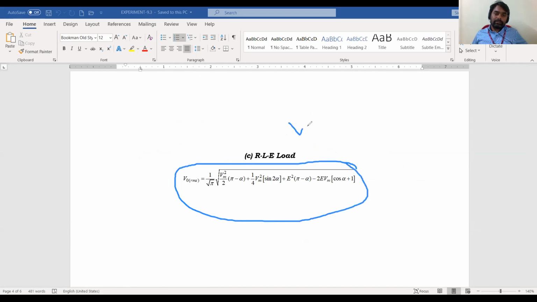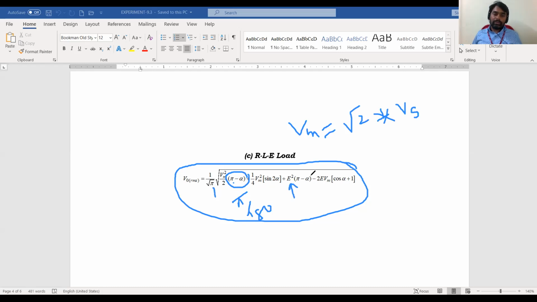Now this is the expression for the RLE load, where Vm is root 2 times Vs. Vs is 230 as we have given, right? Pi means 3.14. Here pi means 180 degrees. To convert degrees into radians, you multiply by pi by 180. E is the battery voltage, which I have kept as 100 volts.